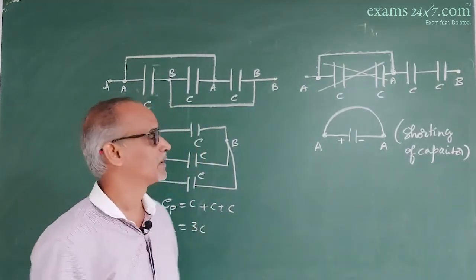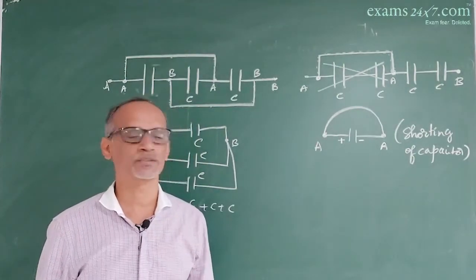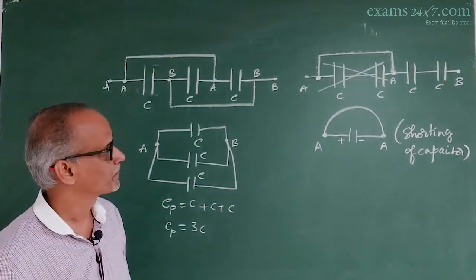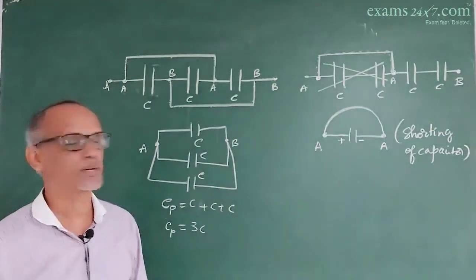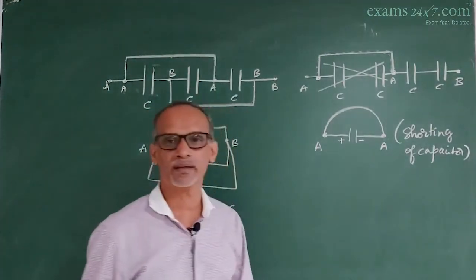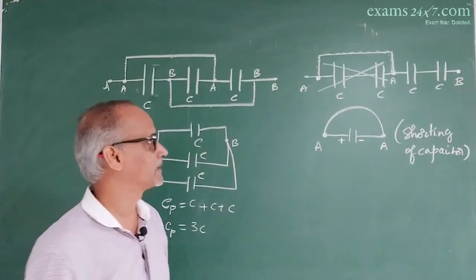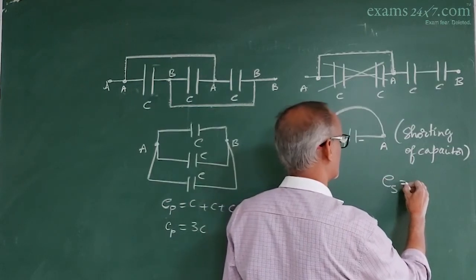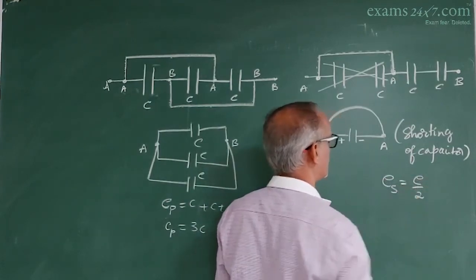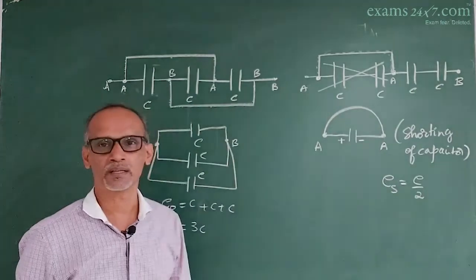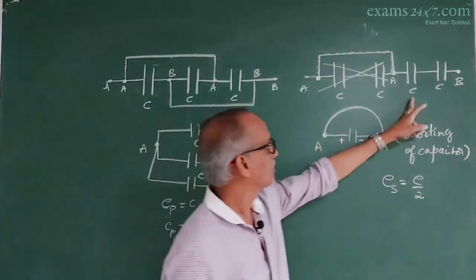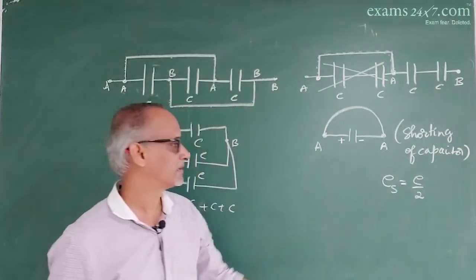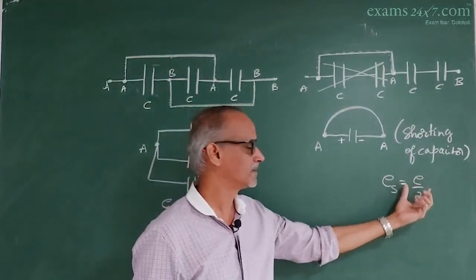So that's why we have to neglect the capacity of such capacitors. That means we are left with only two capacitors, A and B, and they are connected in series and they are identical. So that's why Cs is equal to C by 2 is the answer for that particular circuit, because two identical capacitors C and C when connected in series will give you an effective capacity of C by 2.